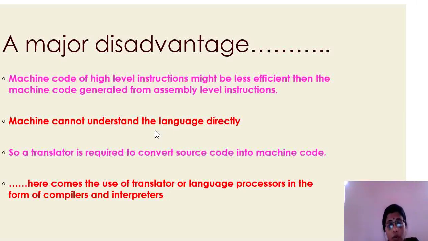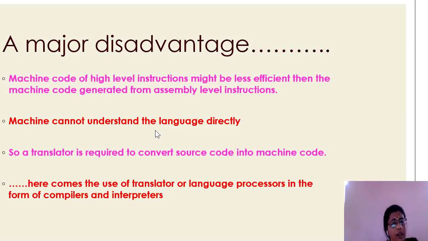This source code will be converted into a machine understandable form, that is binary form, and that binary form you call machine code. So whenever you use a high level language, you require source code which has to be converted into machine code with the help of a translator.